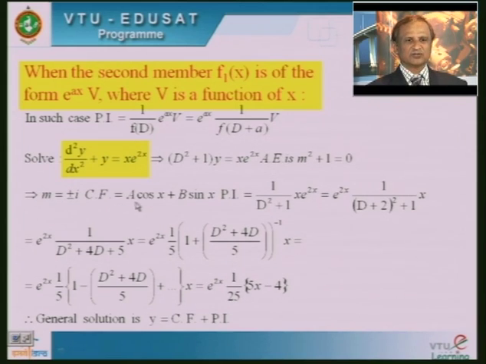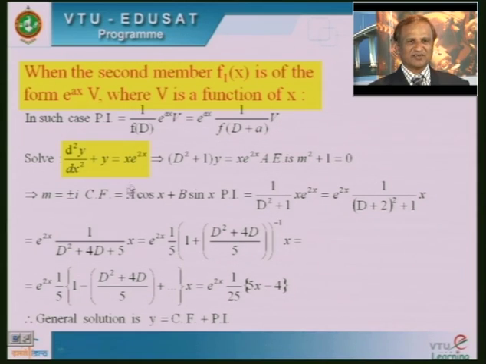On the basis of the nature of the roots, we are able to obtain a complementary function of the form a into cos x plus b into sin x, where a and b are arbitrary constants. As I mentioned, alpha is 0, so we can write e to the power 0x, which is e to the power 0, which is 1.